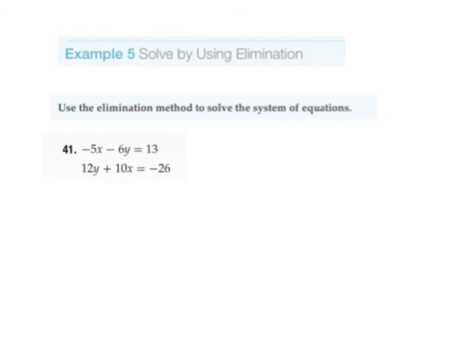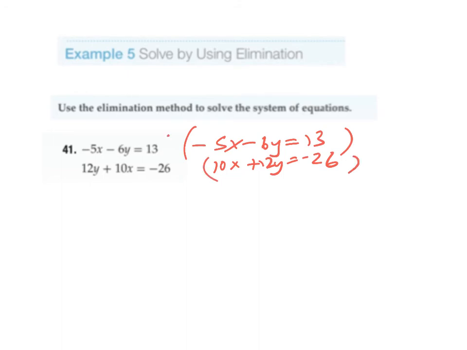So sometimes the letters don't match up, so don't be tricked by this. To see, the x and the y don't match up, so I can't just multiply by the 12 and the 5. So I'm going to arrange the bottom one to match up with the top. So all I'm going to do is put the 10x first and the plus 12y second equals negative 26. Now I can go ahead and go through my multiplication, and I'll go 10 and a negative 5. One of them has to change sign, so I'll just make the top negative.